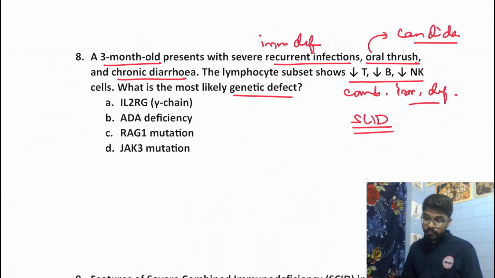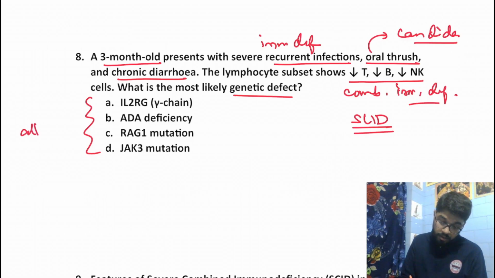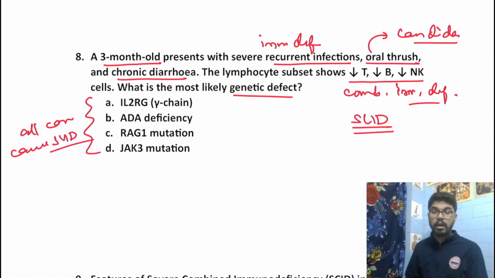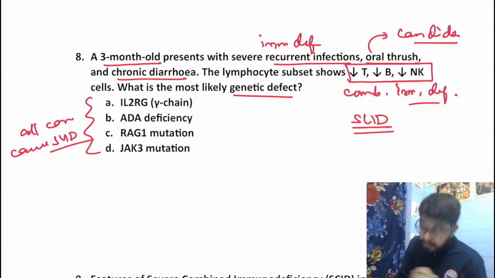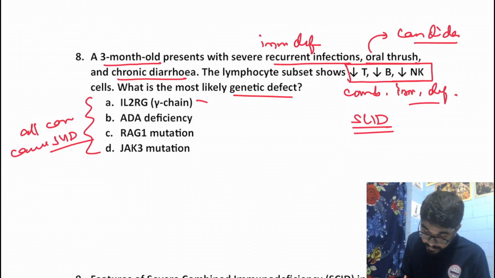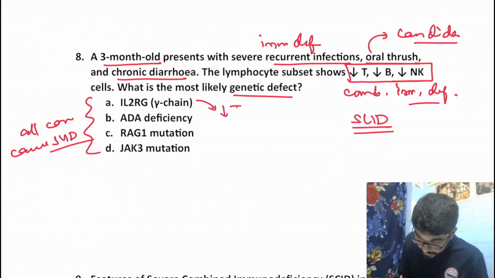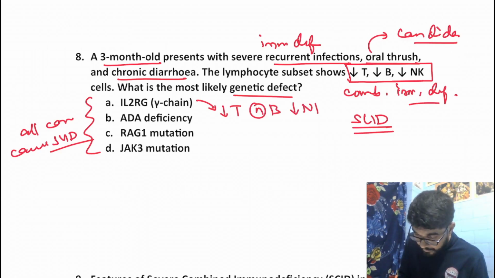Now, certain important things, which is the most likely genetic defect, all these four, all of them can cause SCID. Now, how to differentiate between them? This is differentiated on the basis of the lineage that is involved, right? Remember this as a fact that interleukin 2 receptor involvement would result in decrease in T cell, normal B cell, and decreased NK cells.